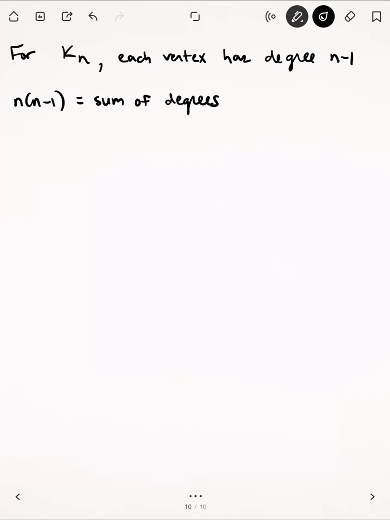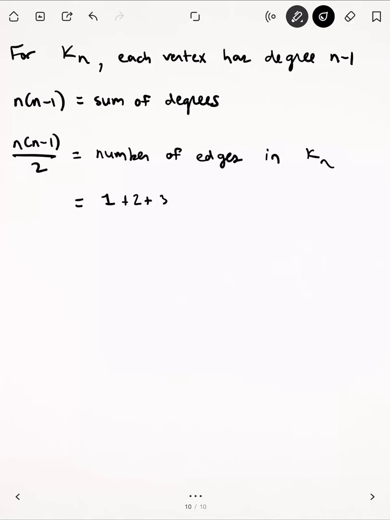And now because this number is twice the number of edges, n times n minus 1 divided by 2 equals the number of edges in Kn. And if you're really super nerdy, this actually also equals 1 plus 2 plus 3 plus all the way up to n minus 1. Okay, that's just an interesting tidbit.